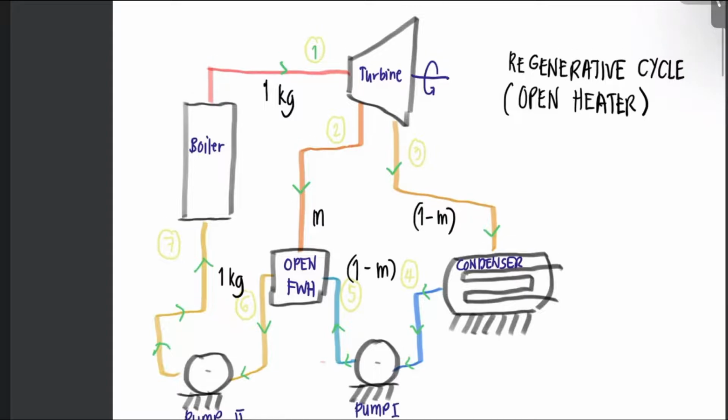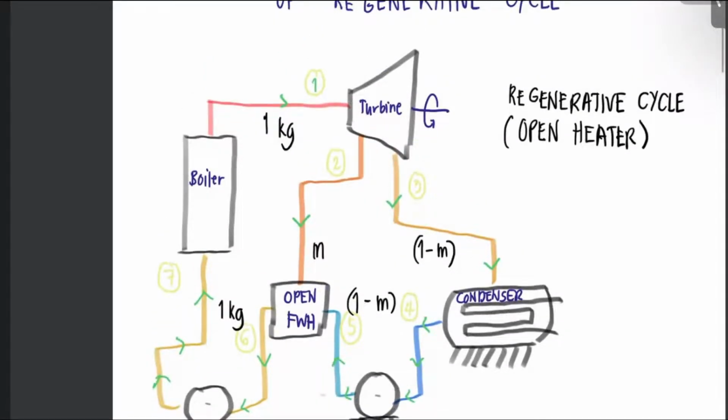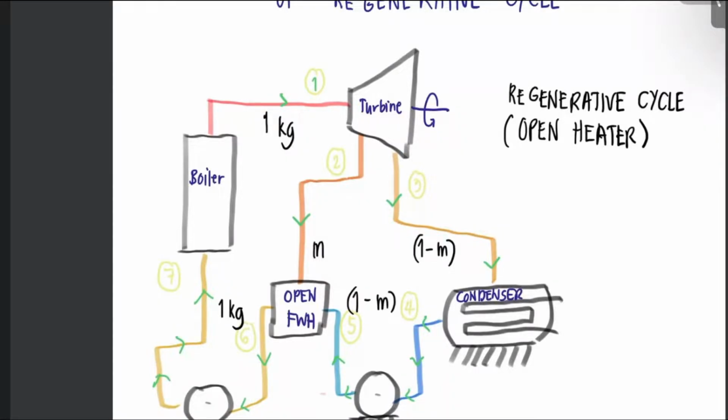So, dito yan, class, from this turbine, sa turbine natin. So, yan, sa turbina natin. So, we need to produce more work by expanding further in the turbine. So, we use it to heat the feed water instead.